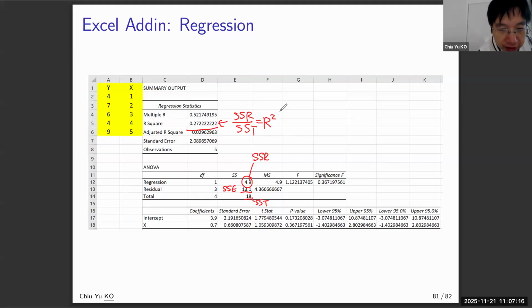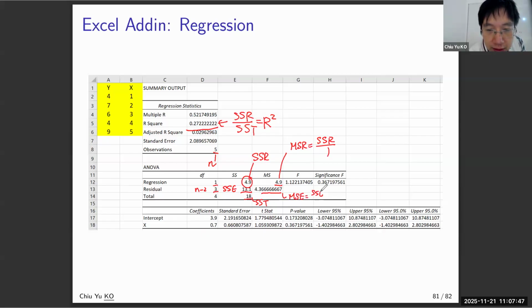And the first thing you can see here, this is 1. Because you only have one independent variable, it's 1. This is n minus 2, right? N is 5 here. And this is MSR, right? MSR is SSR over 1, so the same thing. And this is what? MSE, right?